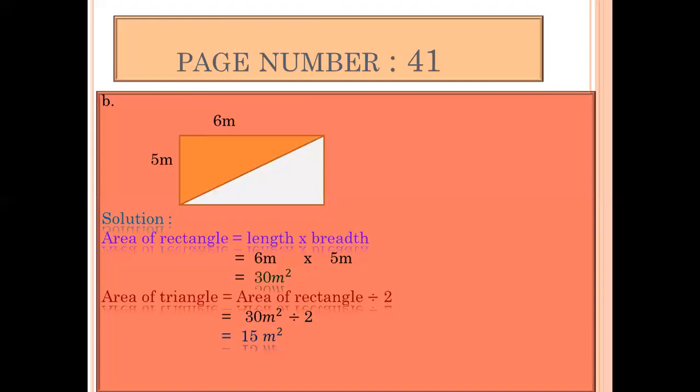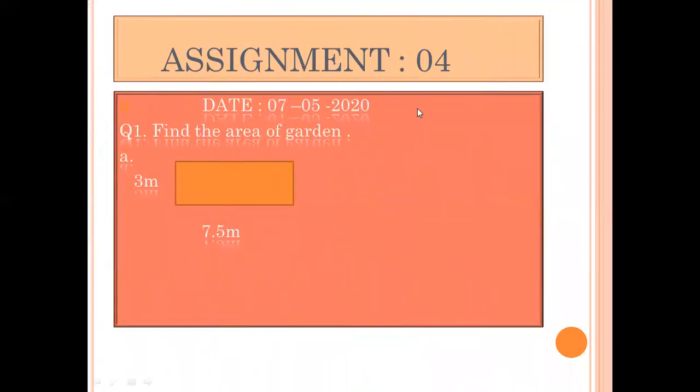Again, I am repeating the formulas. The area of a rectangle is length multiplied by breadth. After finding the rectangular area, we solve the composite figures. Which types of figures are composite? The diagrams or figures in which 2 or 3 shapes are given.